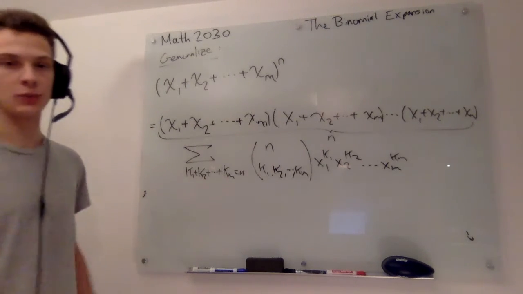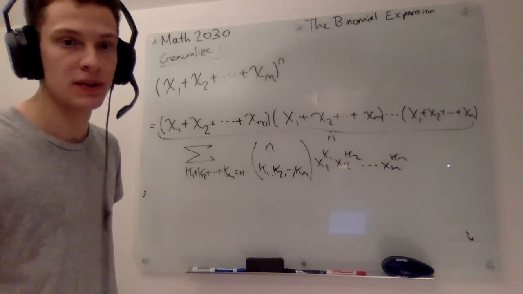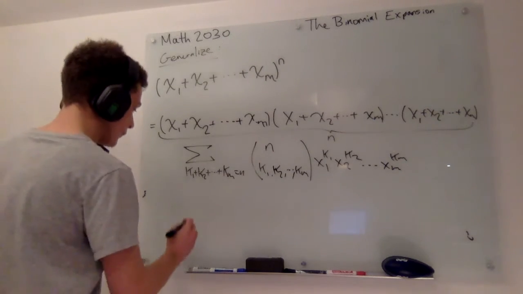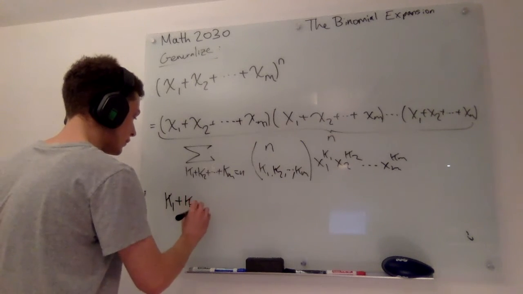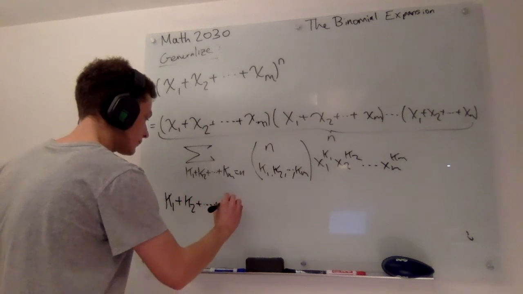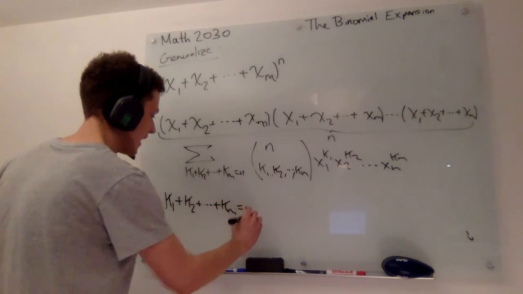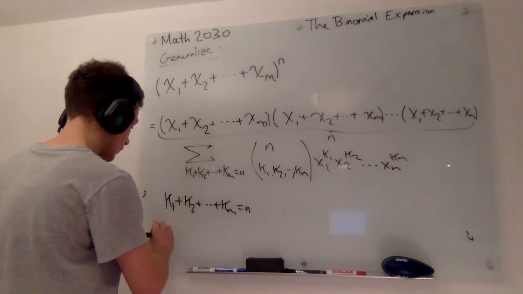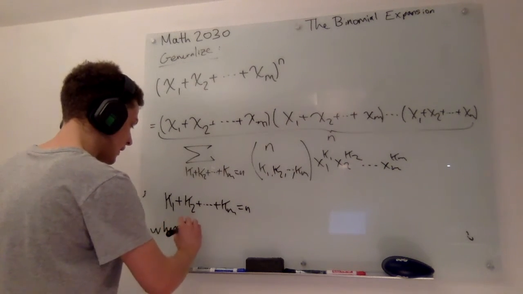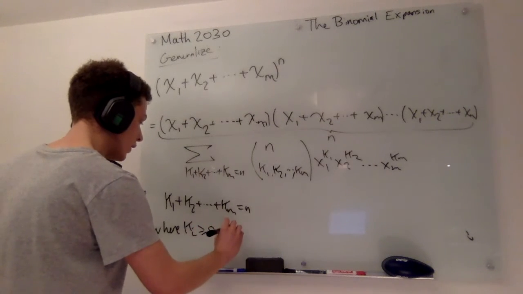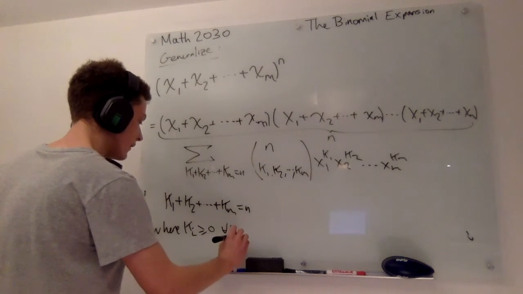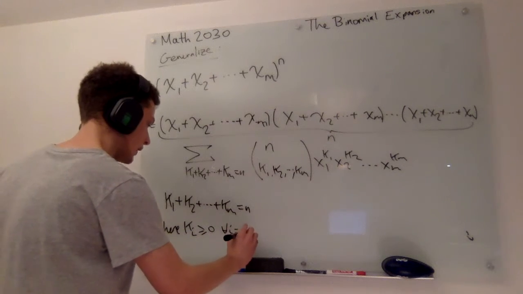we know how to solve this problem from earlier in the course. Essentially, we have k1 plus k2 up to km equal to n, where ki is greater than or equal to 0 for all i equal to 1 up to m.